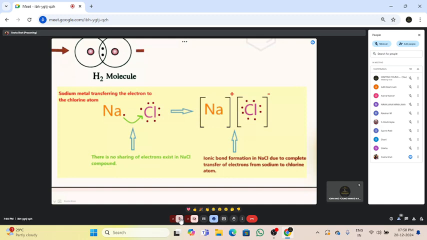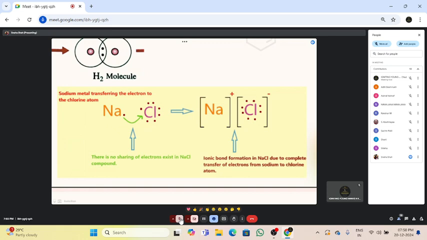So sodium, when it has only one electron in its outermost orbit, is unstable. When it comes in contact with chlorine, it gives away one electron, chlorine accepts one electron, and both are stable. So both come together and form a bond. They call it NaCl, sodium chloride, the common salt that we eat every day. This is called ionic bonding.